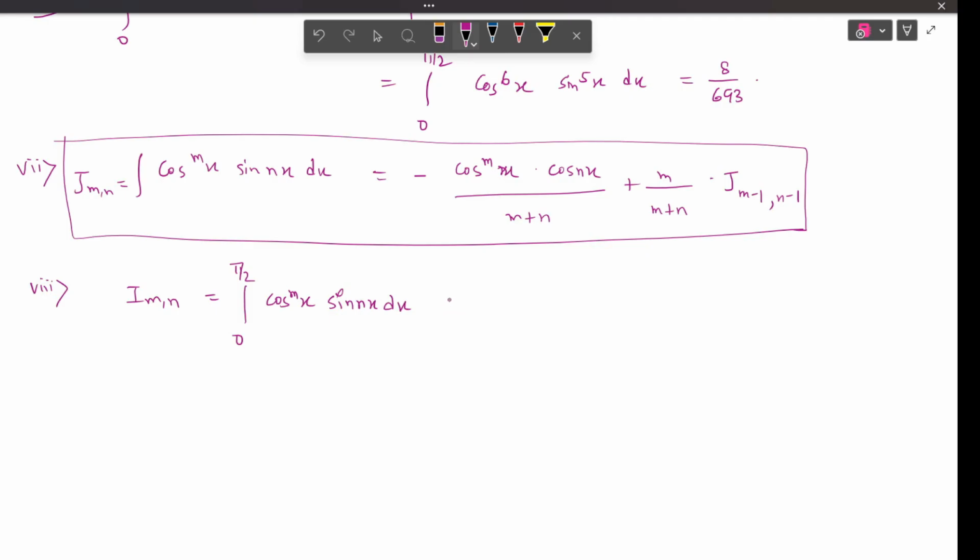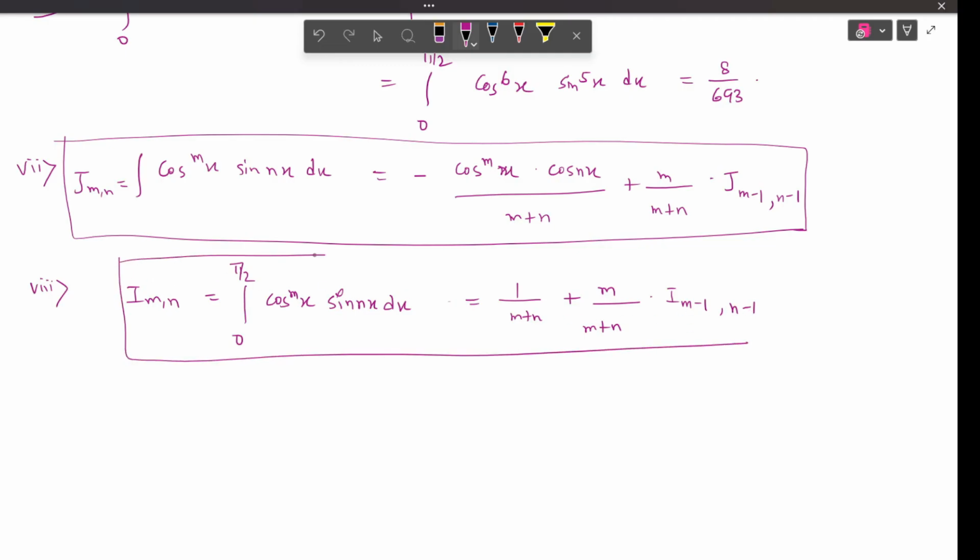If you derive it, you will get 1 by m plus n plus m by m plus n into I(m minus 1, n minus 1). That is the formula you have to remember.